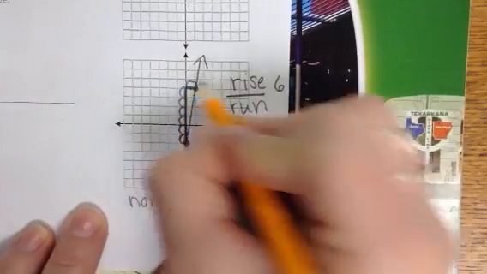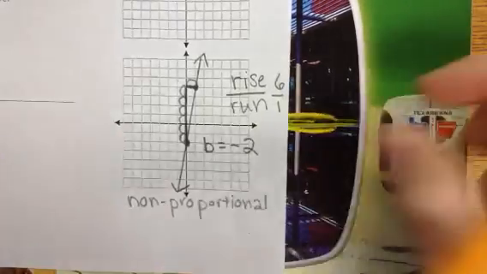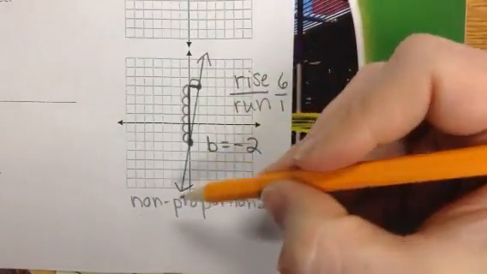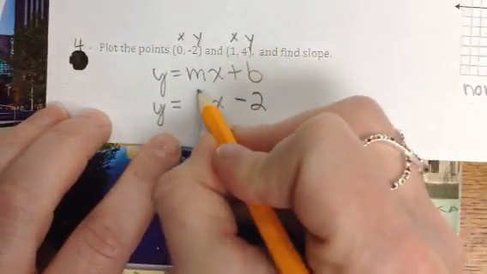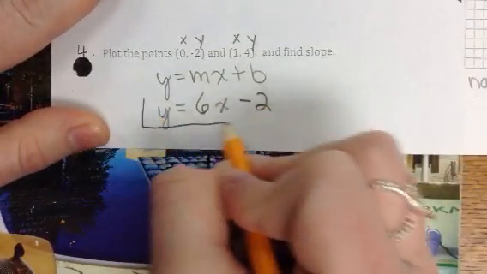And my run is 1. 6 divided by 1 will reduce to the slope of 6. And notice that it is very steep. So we have a relatively large slope number. Box it so it looks like a final answer.